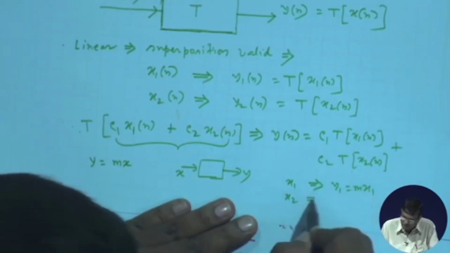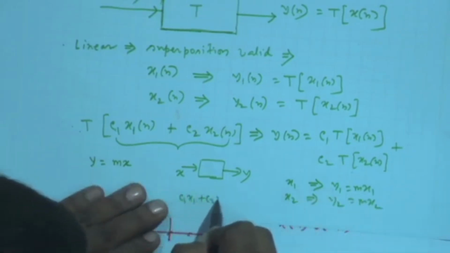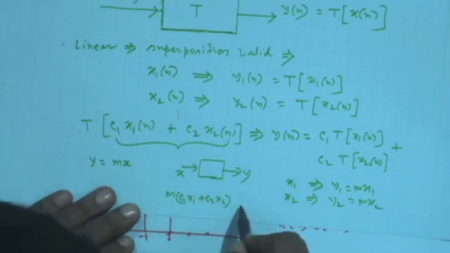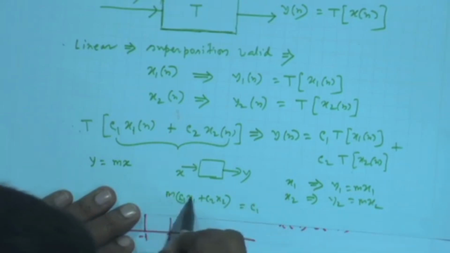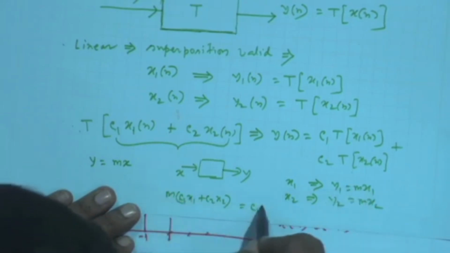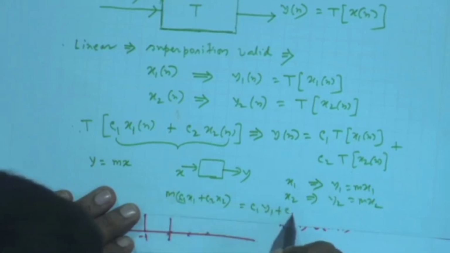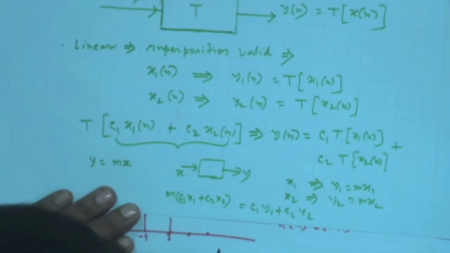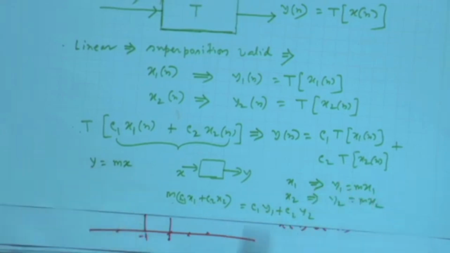If you give x2, output is mx2. If you give C1 x1 plus C2 x2, output will be m times this, which you can write as C1 into mx1, but mx1 is y1, plus C2 into mx2, which is y2.